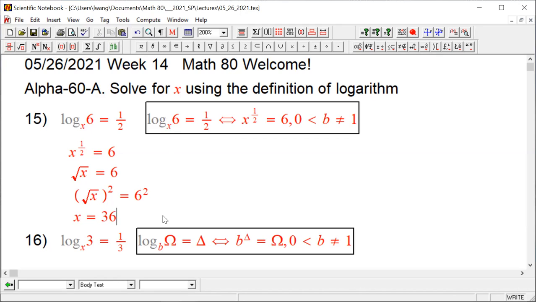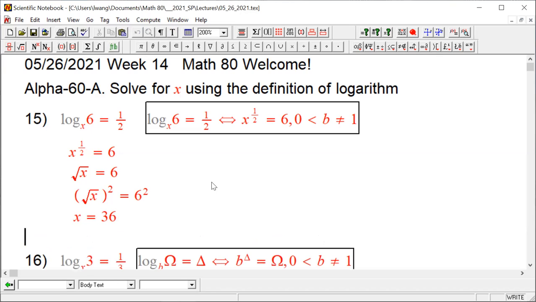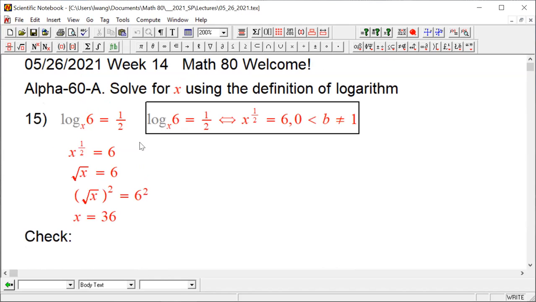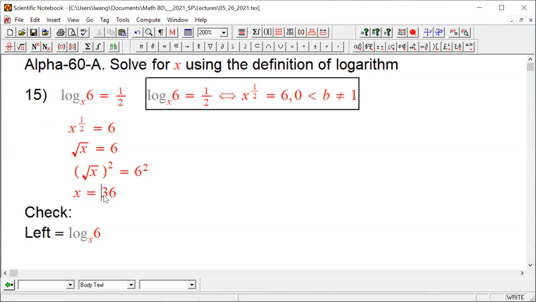Base is 36. You can always check your answer. How do I check the answer? I go back to one side of the given equation, the left-hand side, and I put in my x equals 36. Does this equal half?